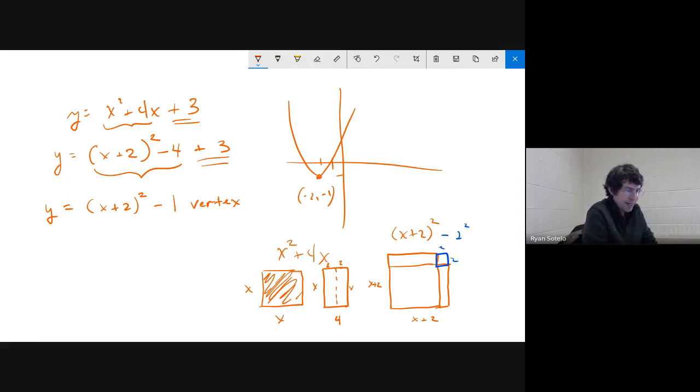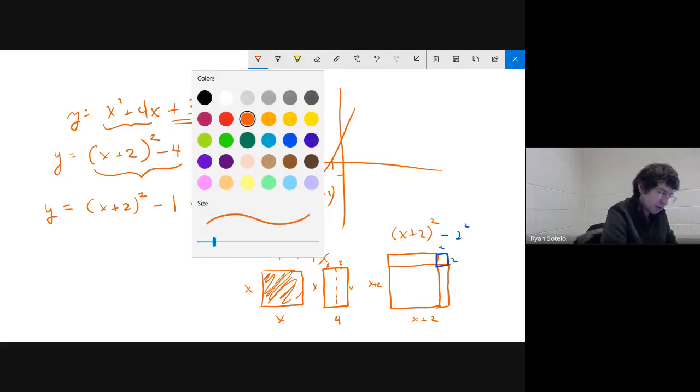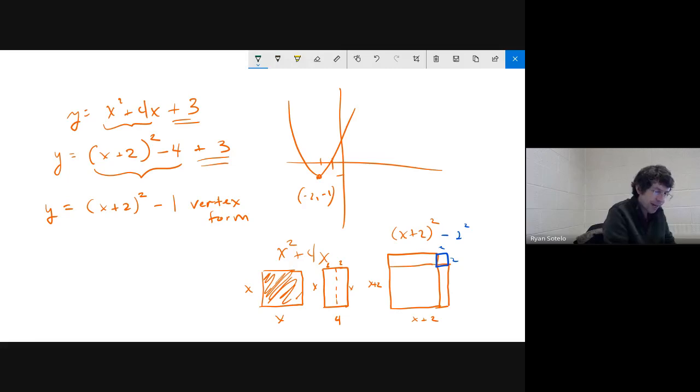Now, I kind of like to think of vertex form a slightly different way, but the questions that you're going to answer all want it like this. But I'm also going to show you it in a slightly different way. So I'll do that in, I guess, green. If I add 1 to both sides, so I get the perfect square all by itself, I'll have y plus 1 equals x plus 2 squared.